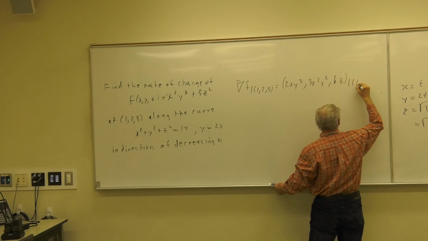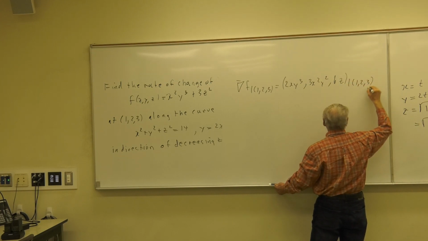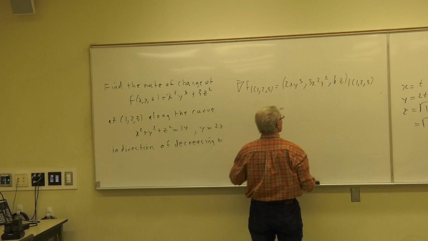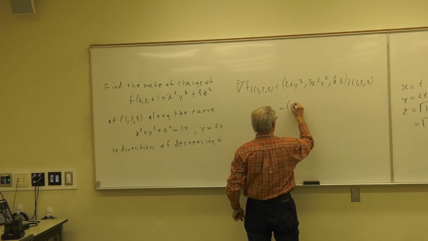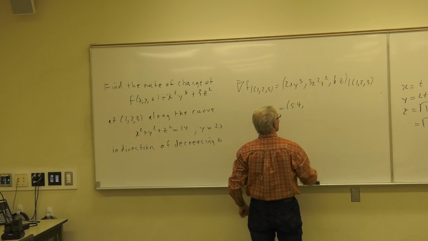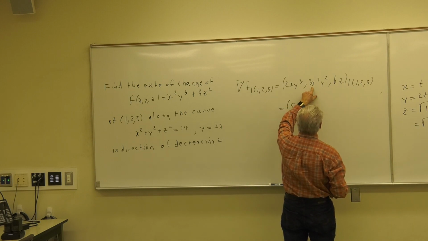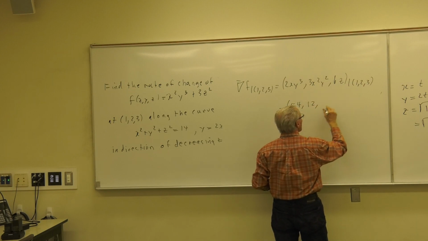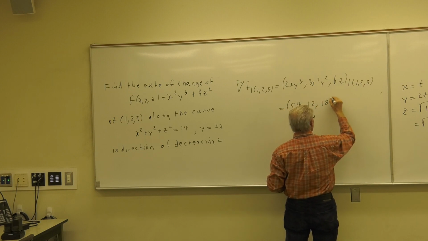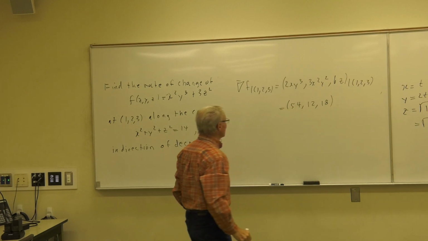To evaluate at 1, 2, and 3, substitute. 1 here, 3 there, how about 54? Comma. 1 going in there, 2 going in there, 12, and 18. So there's the gradient at the point.